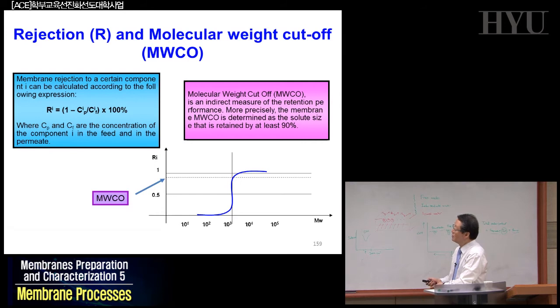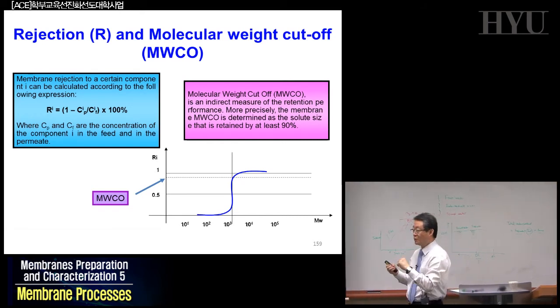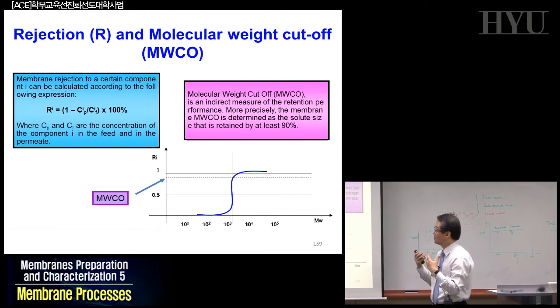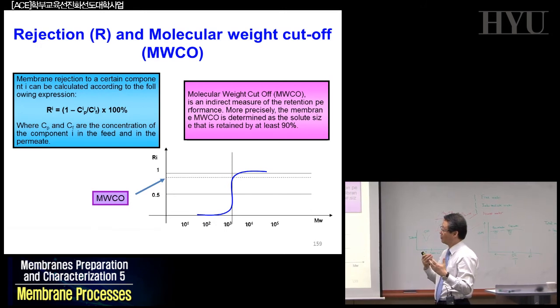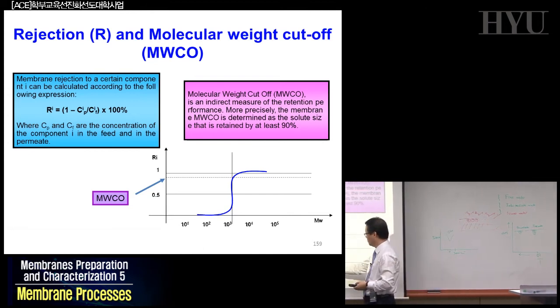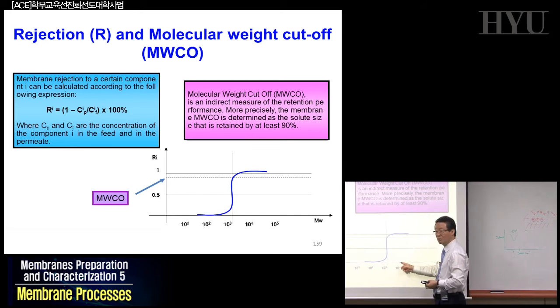Molecular weight cutoff usually uses the rejection, of course, with a different story. But rejection is defined by the concentration of your I component from the feed and from the permeate. Okay, so for example, if you use dextran as a standard material, you make the standard solution for a given molecular weight. For example, molecular weight of 100, molecular weight of 500, molecular weight of 1,000, molecular weight of 10,000.